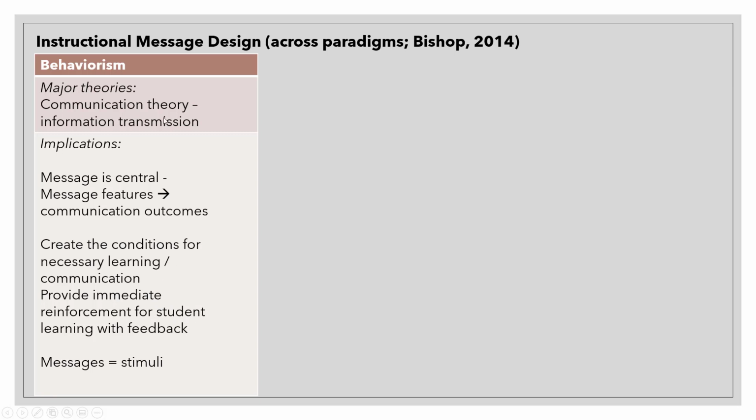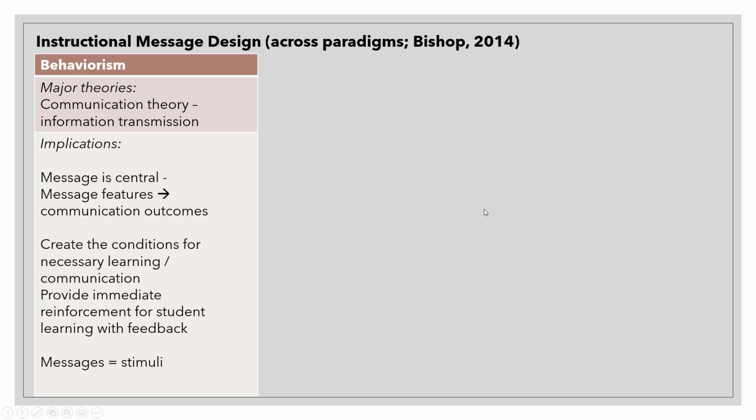So under behaviorism, messages here are stimuli. The messages that we craft are stimulus, maybe a stimulus that prompts certain behaviors. And I think this is a good example of why we may not want to just throw behaviorism out altogether, because there's some ways in which this is a useful way to think about message design, especially for accessibility.